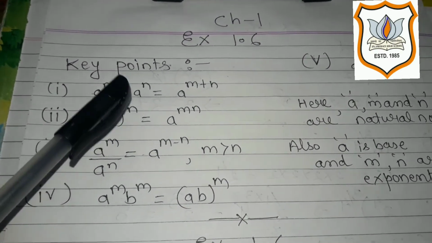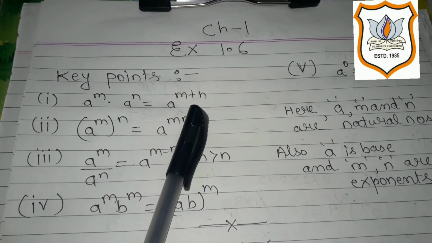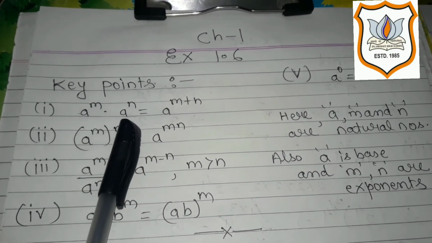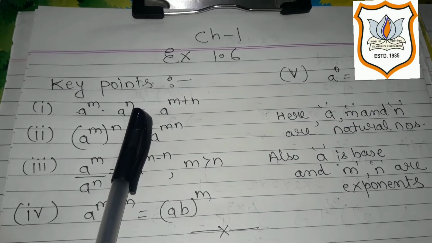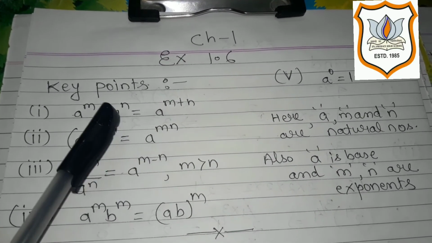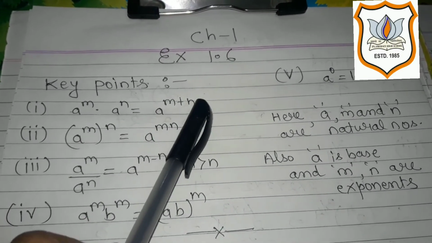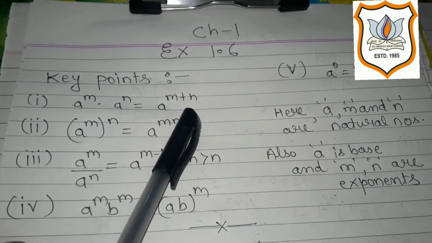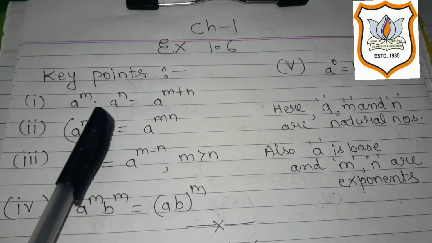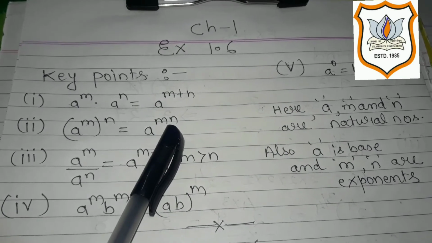a to the power m dot a to the power n, which is equal to a to the power m plus n. This is one of the identity where a is base and m and n both are exponents, powers of this base a. When the base is same but exponents are different, we get this kind of result, a to the power m plus n. The next one is a to the power m to the power n, which is equal to a to the power mn.